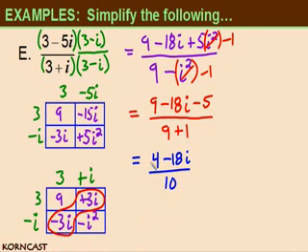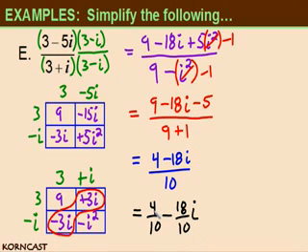So now we can undo the subtraction of our fractions. So we'll get 4 divided by 10 minus 18 divided by 10 times i. And now it's looking really close to complex number form. Well, now let's just reduce our fractions.